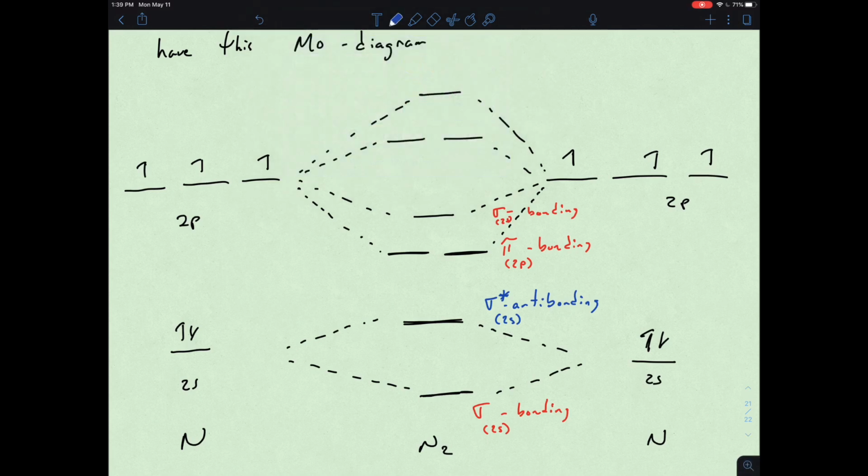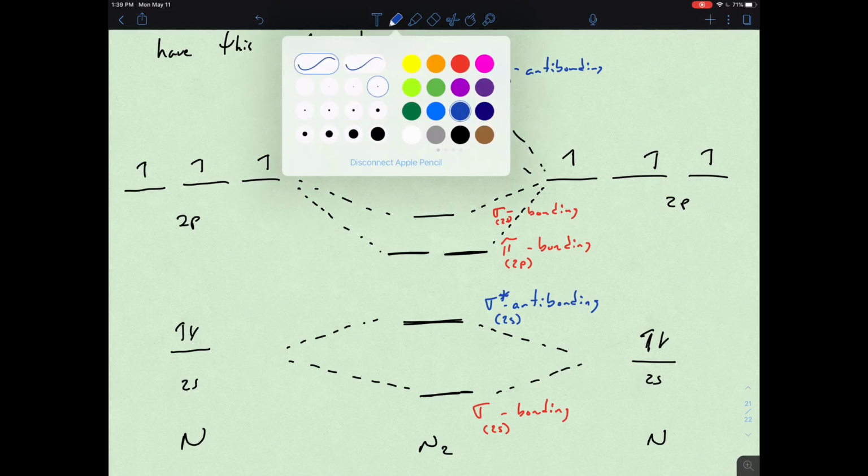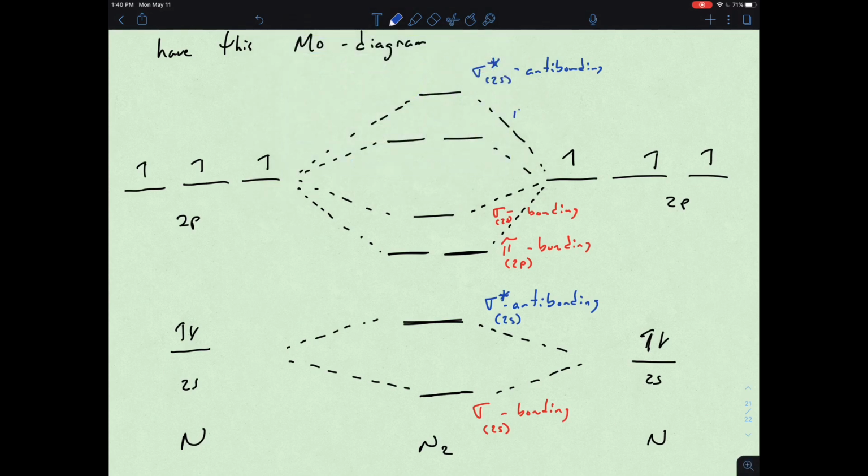So here at the top we have our sigma star for the anti-bonding, and then we have our pi star for the anti-bonding.